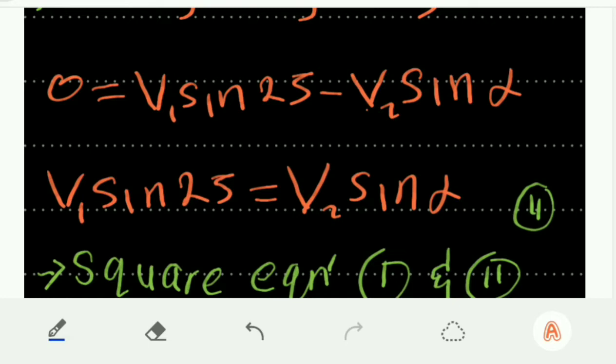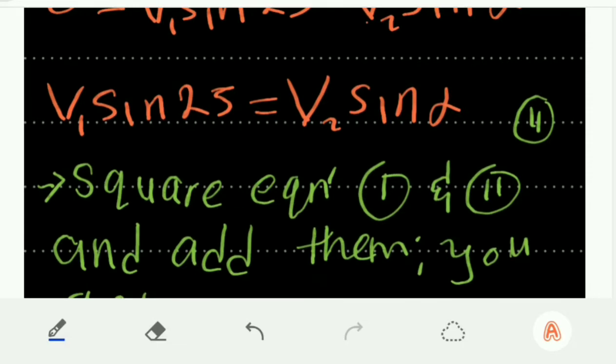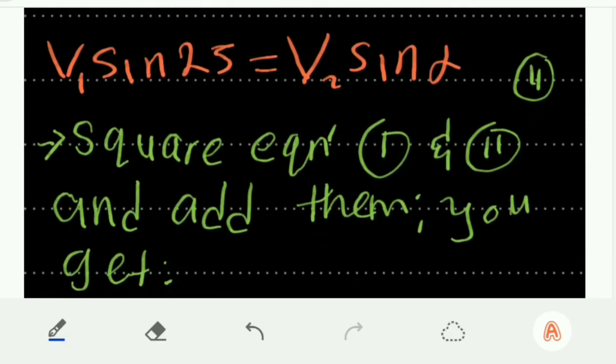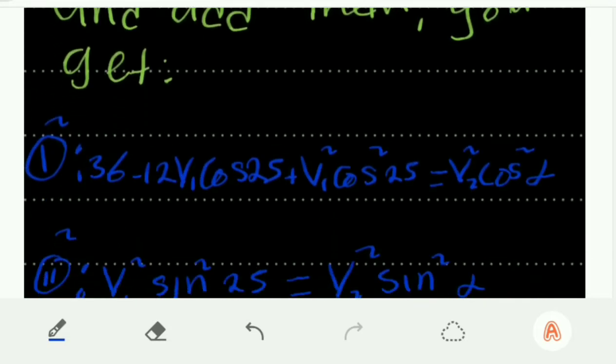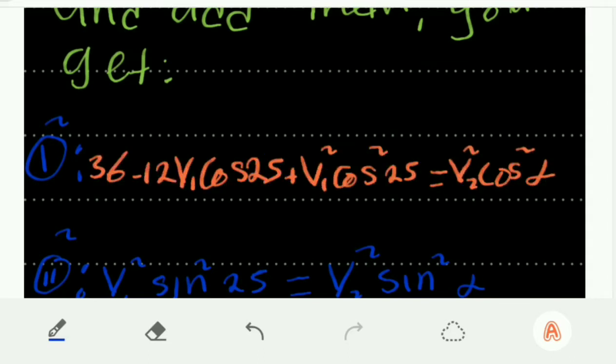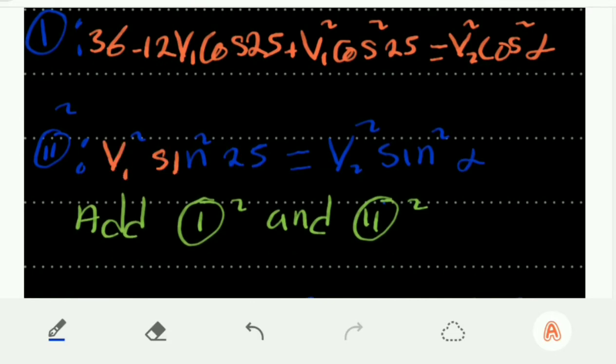Now we are going to square equation 1 and also square equation 2 and then add them. When we square equation 1, we come up with this. We square equation 2, we come up with this.